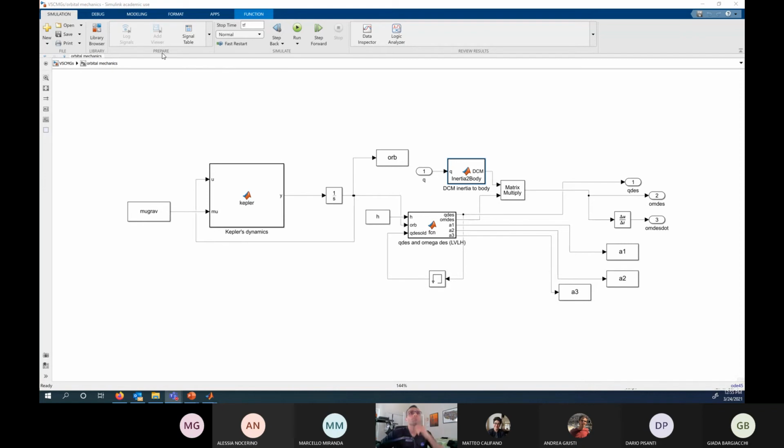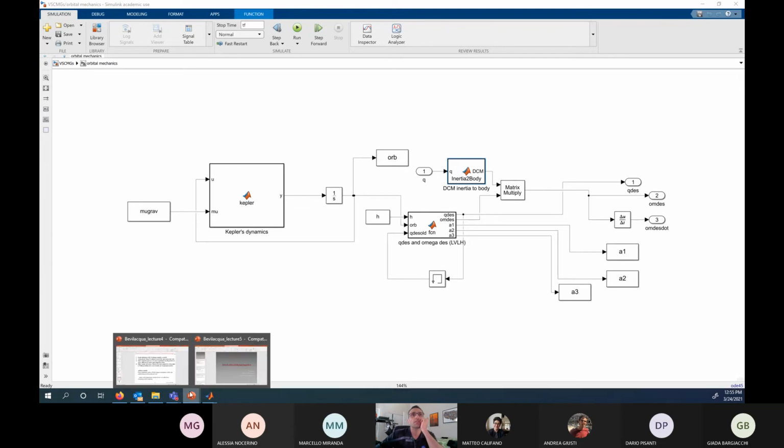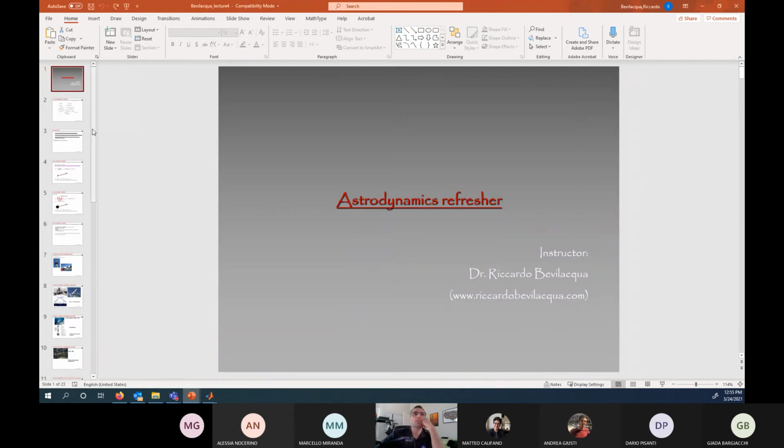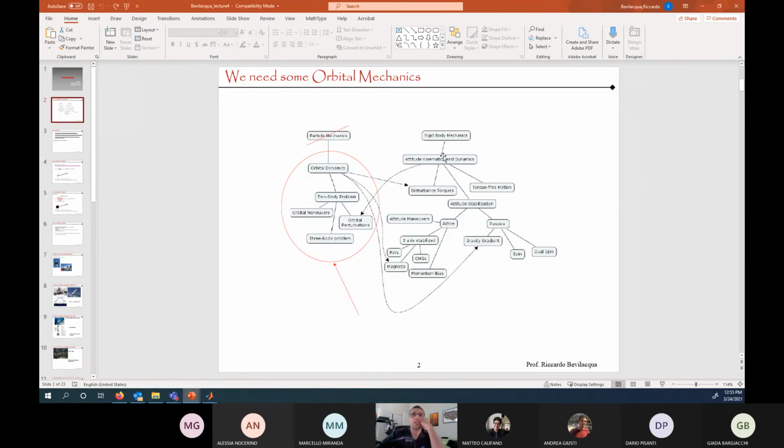Any other questions? So you're starting to see that really you can't disconnect, going back to this slide here, you really should never disconnect orbital mechanics from attitude mechanics and vice versa. A real spacecraft is an object that has certain dimensions and sensors and devices.